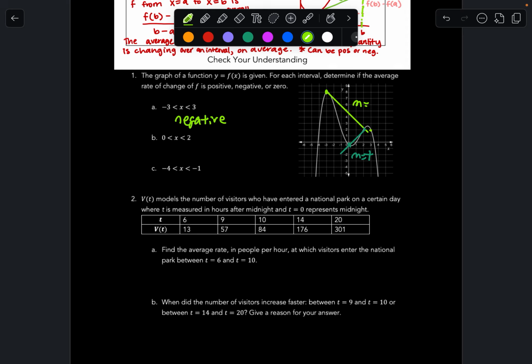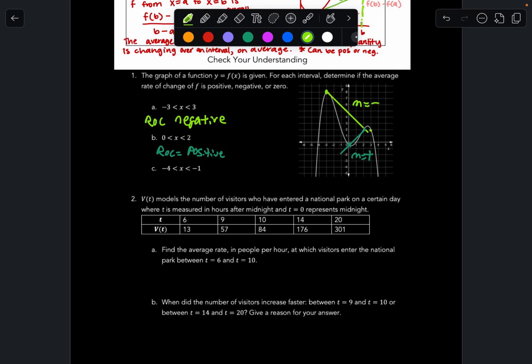So for each interval, determine if the average rate of change of f is positive, negative, or zero. So ROC equals positive because the line segment has a positive slope. I'll put ROC on this one too, rate of change.